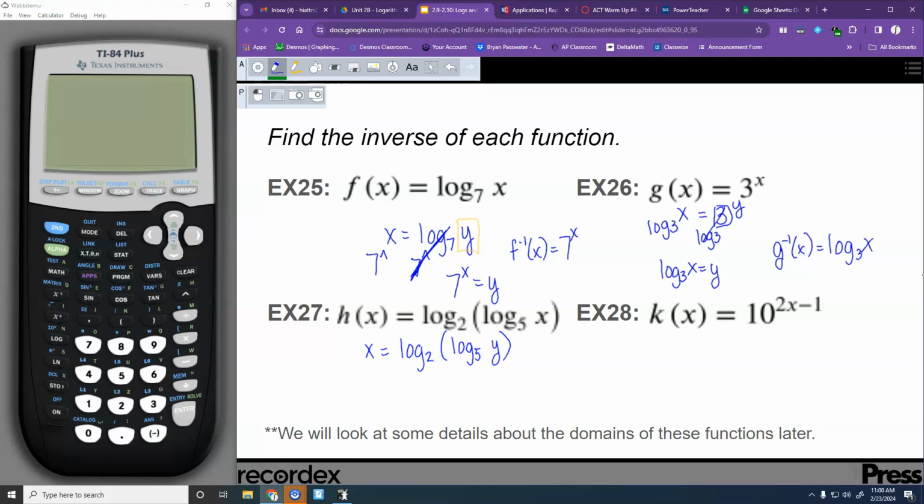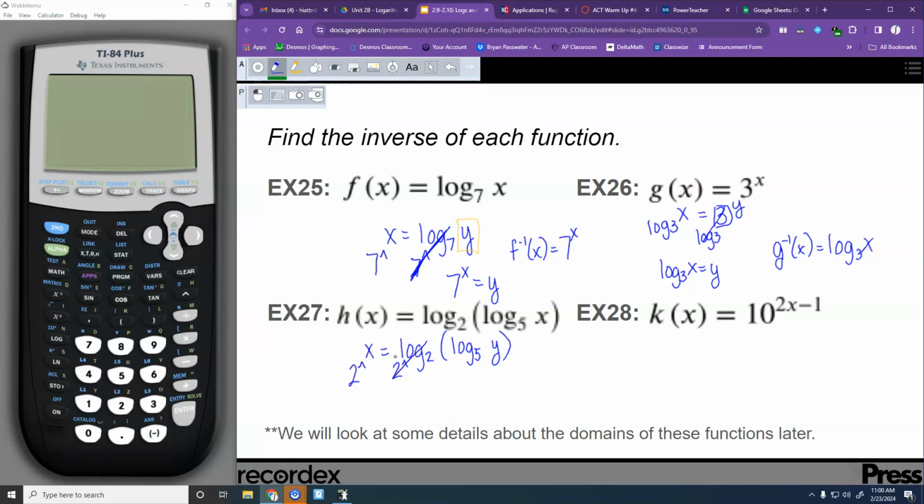One of the reasons I like to think of it as an inverse rather than rewriting is that this one's complicated with double logs, right? So which log would we need to get rid of first? The furthest away. So we want to get rid of the log base 2 first. I can get rid of it by doing 2 to the power over here, as long as I do 2 raised to the x power over here.